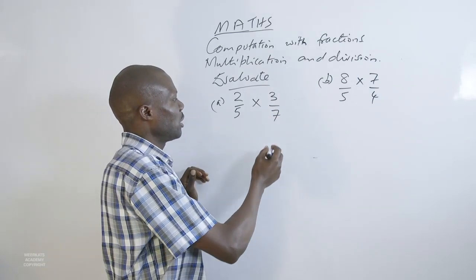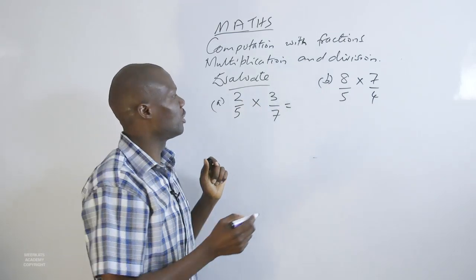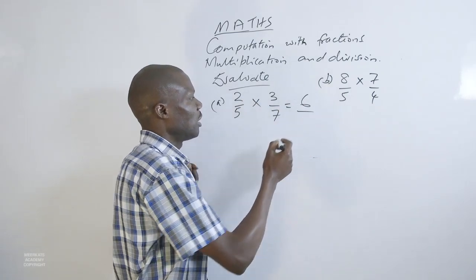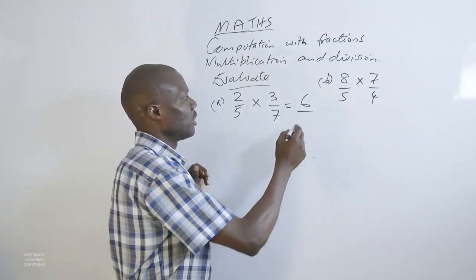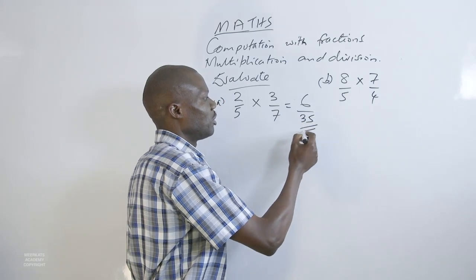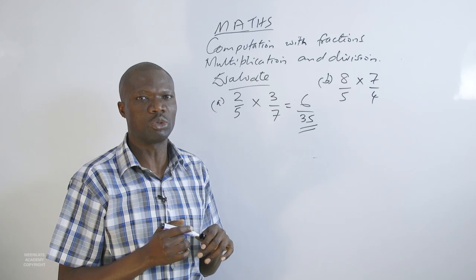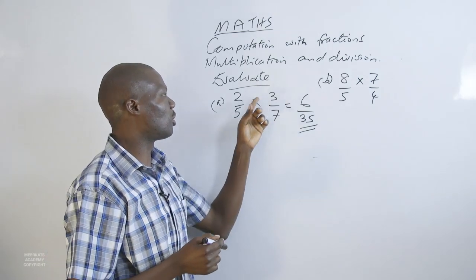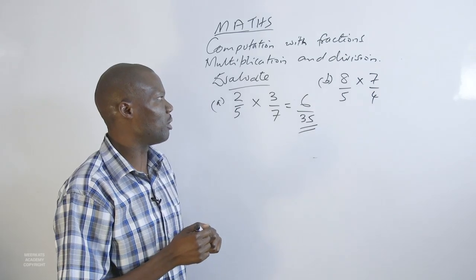So we just take 2 times 3 to get 6 and 5 multiplied by 7 to get 35. So we multiply straight, and that is what we get, considering that there was no common factor to be cancelled or simplified further.